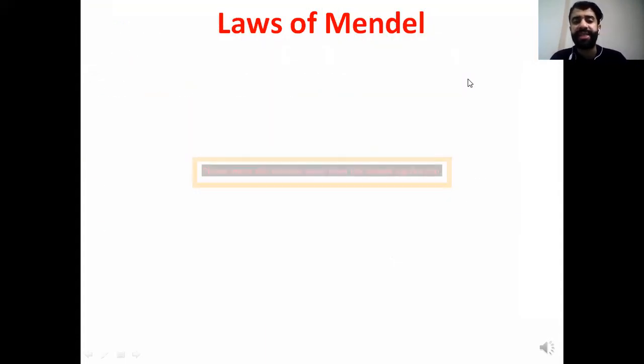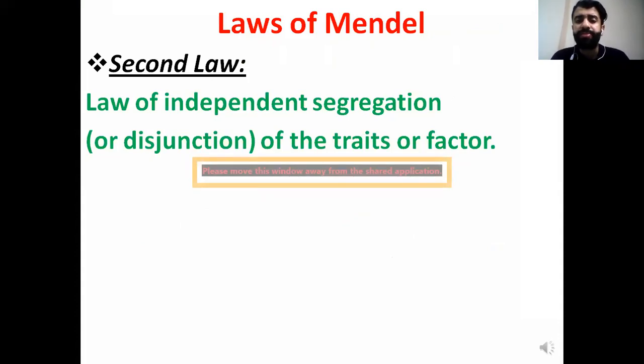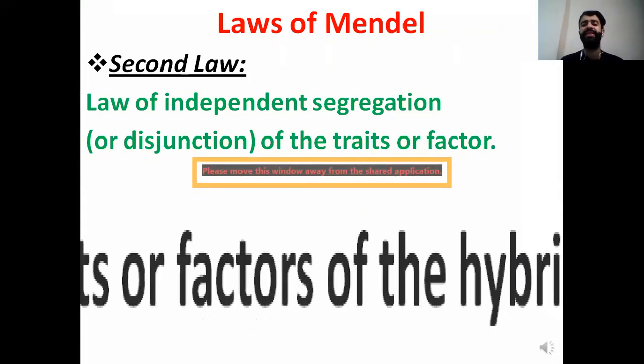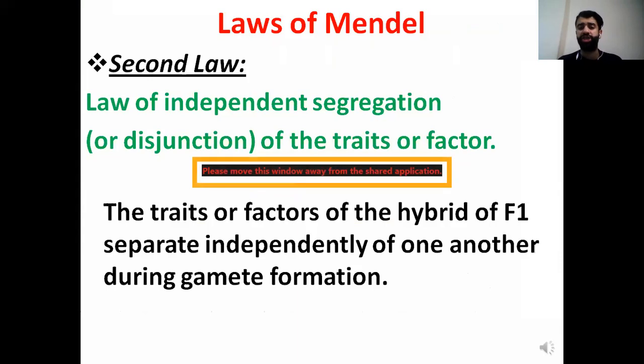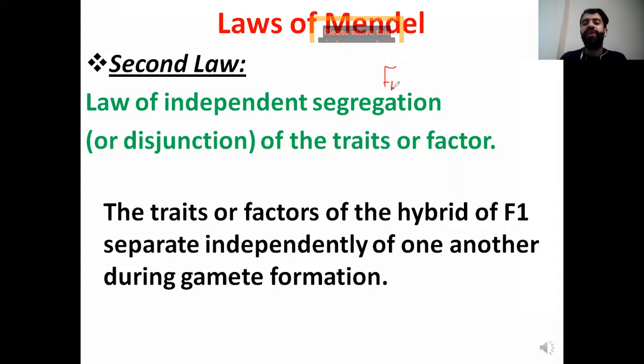Moving to the second law. The second law is the law of independent segregation or disjunction of the traits. The traits or the factors of the hybrid of the F1 are separated from one another during gamete formation. Mainly, this one is applied whenever we cross F1 with F1.